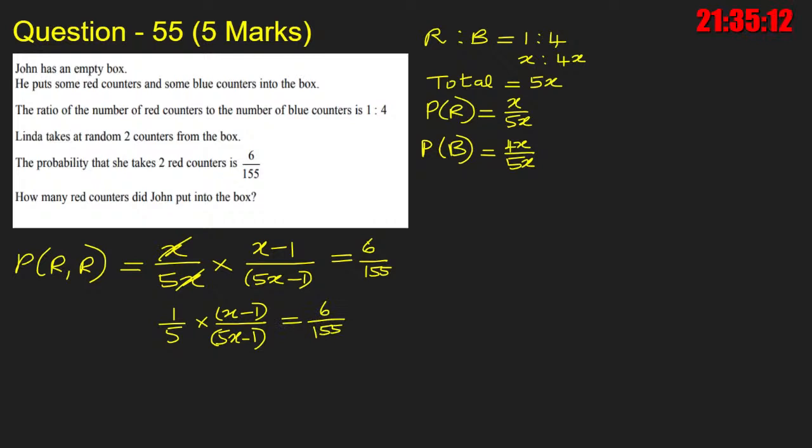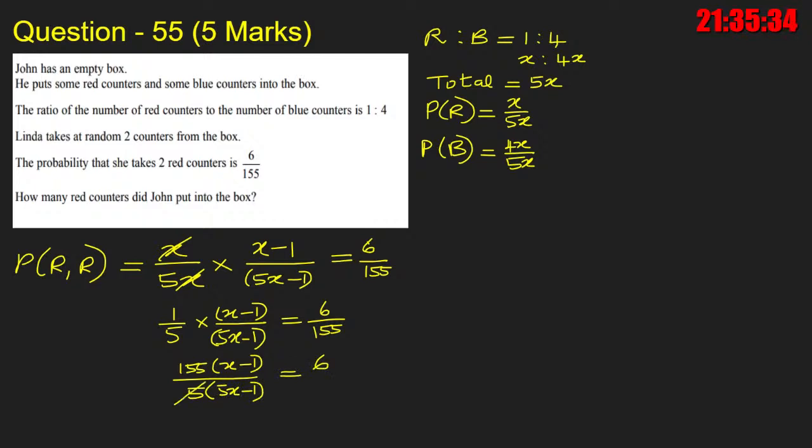So 1/5 times (x minus 1) over (5x minus 1) equals 6/155. Now I'm going to multiply by 155: 155(x minus 1) over (5x minus 1) equals 6.